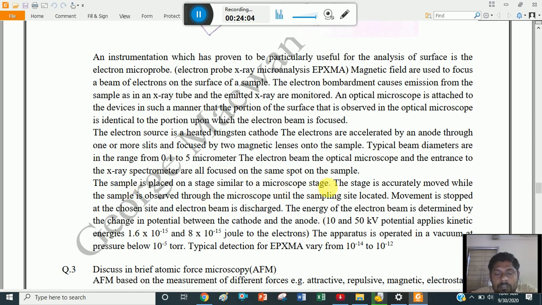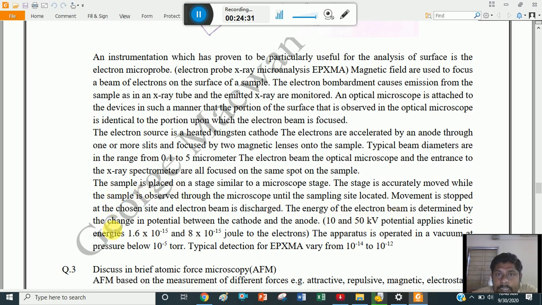The stage is accurately moved while the sample is observed through the microscope until the sampling site is located. Movement is stopped at the chosen site and the electron beam is discharged. The energy of the electron beam is determined by the change in potential between the cathode and the anode, which is up to 10 to 50 kilovolt potential.